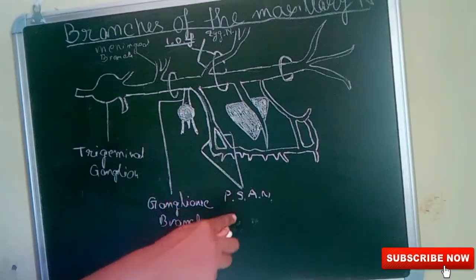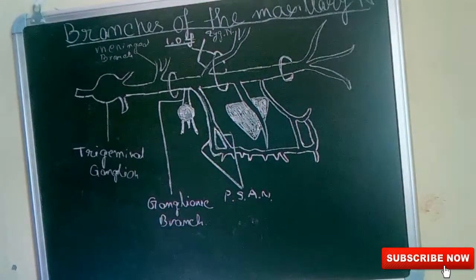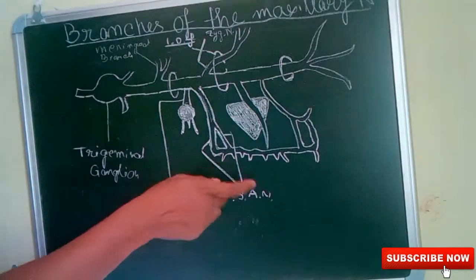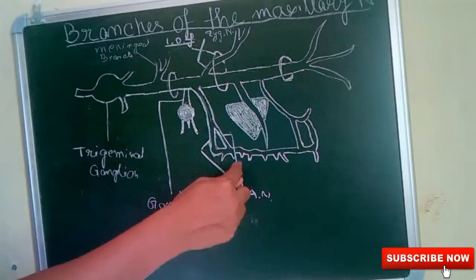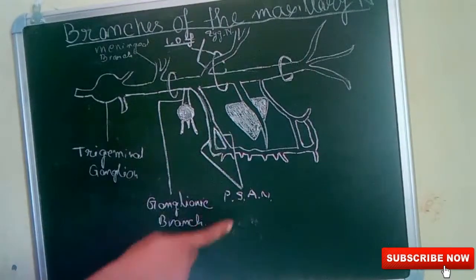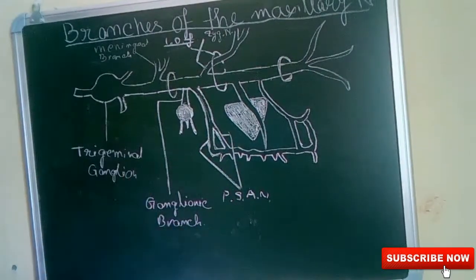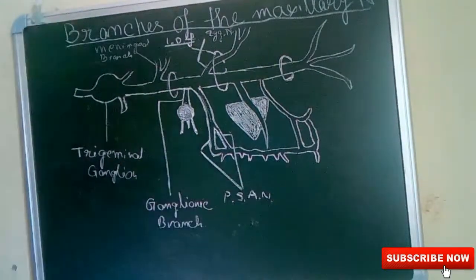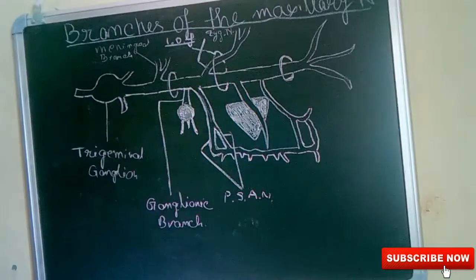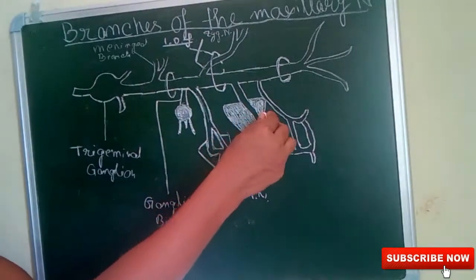This is the posterior superior alveolar nerve. It enters one or two foramina in the posterior surface of the body of the maxilla, and supplies the mucous membrane of the maxillary air sinus. This is the maxillary air sinus.